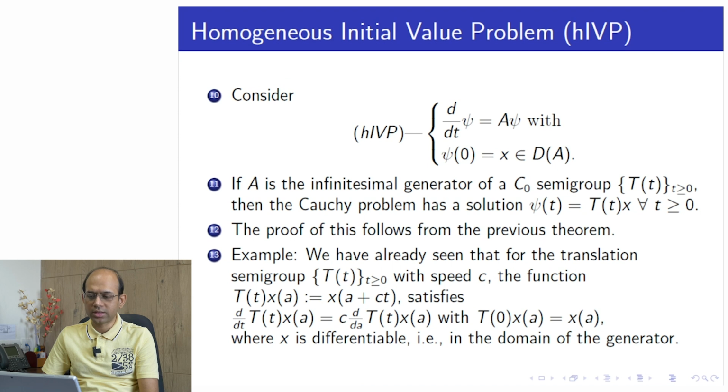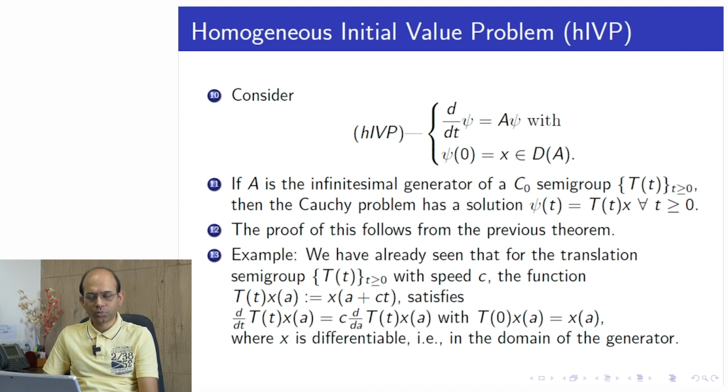So if we know the semigroup generated by the operator A, then using that semigroup we can write down Tt of x. This is a function of time, and it satisfies the equation that the derivative of Tt of x is A operating on psi. That was the thing which we have already seen before.